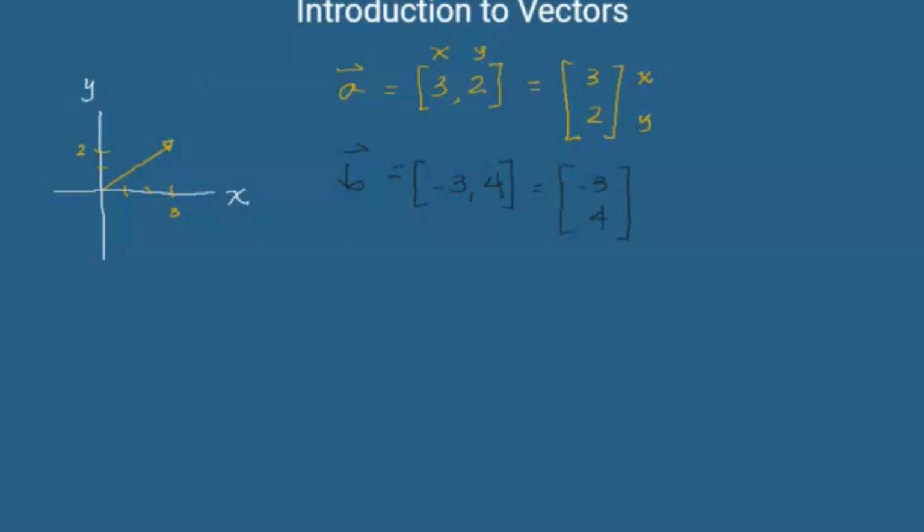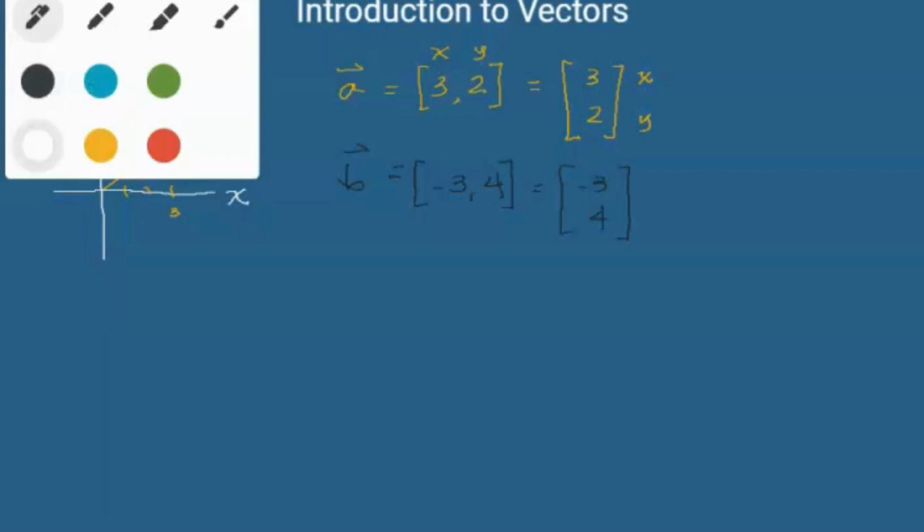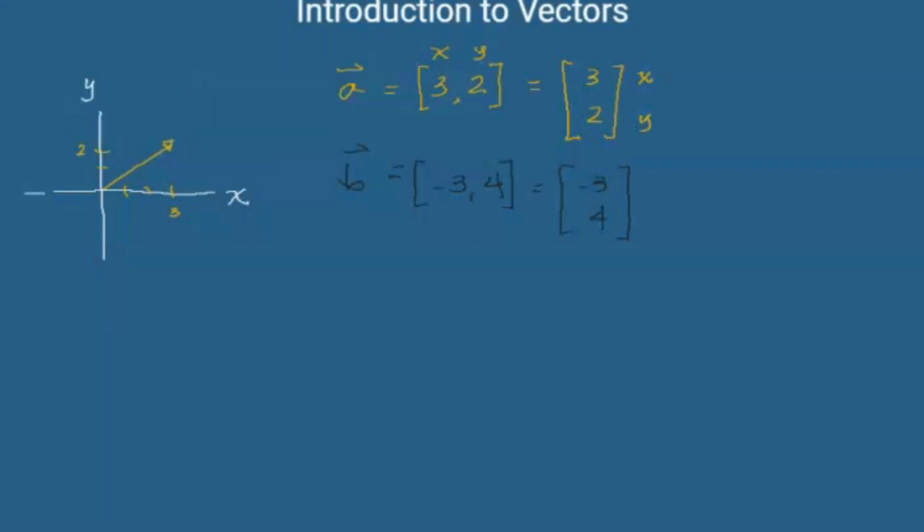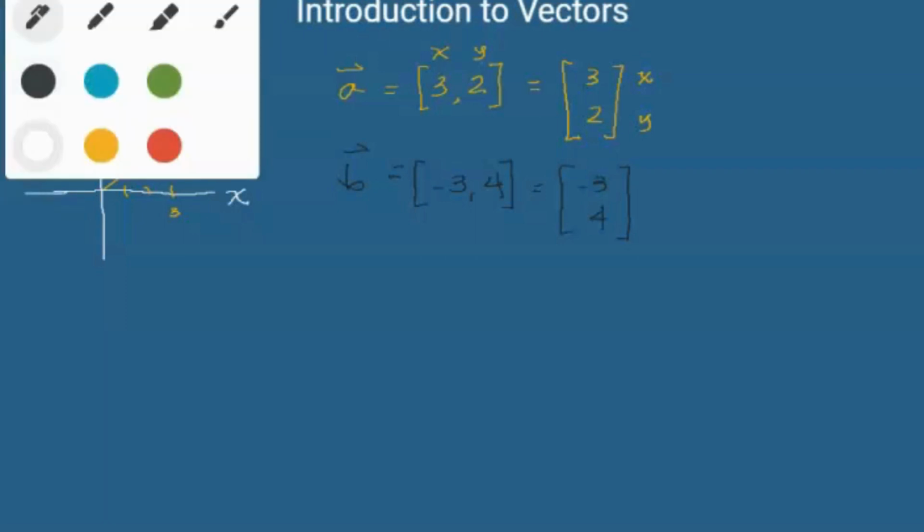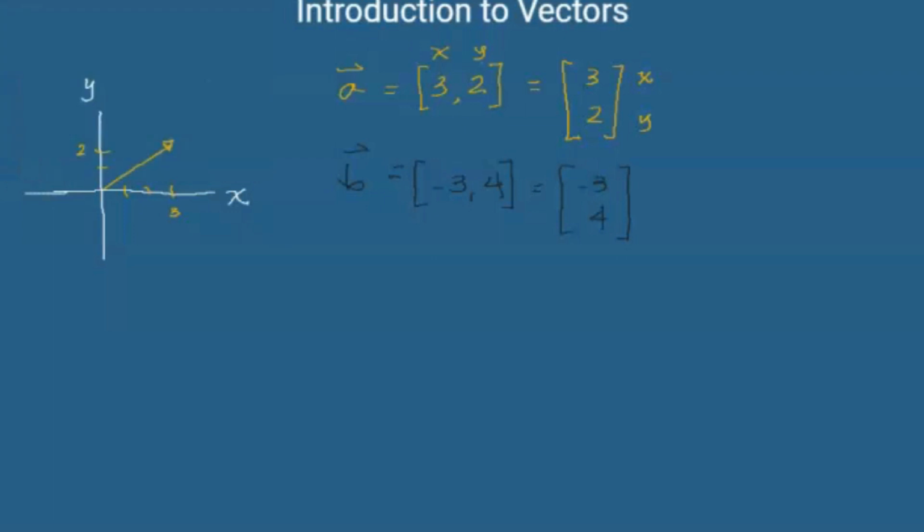So how will that look? So this is negative 3. Okay, let's make it longer. So negative 3 and 4. There.